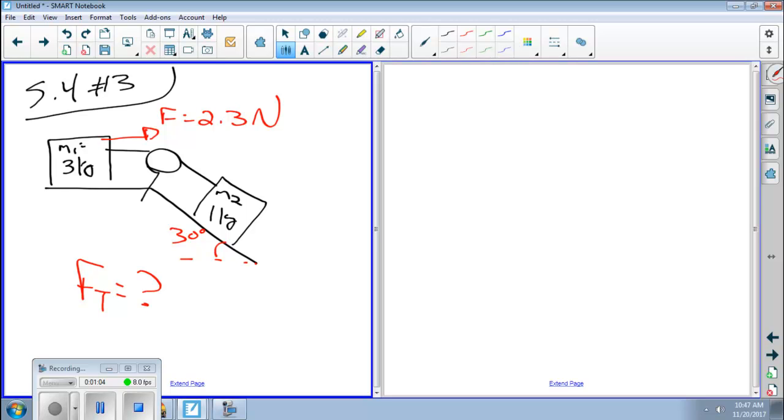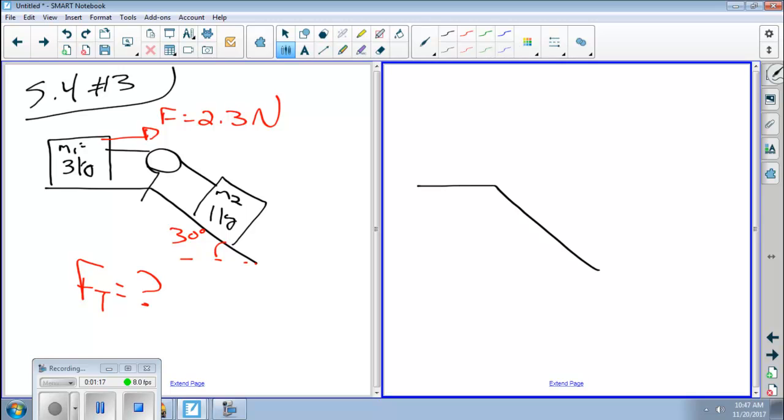Okay, so thoughts about how to start, you guys? What should always be our first step anytime you have an inclined plane? Split up your forces into components, right? The force of gravity on this guy is going to be 9.8. So if you find your components, your FG parallel is going to be negative... Which way do you want to make positive?